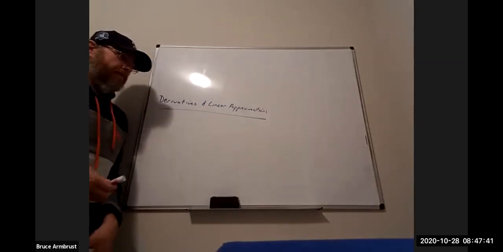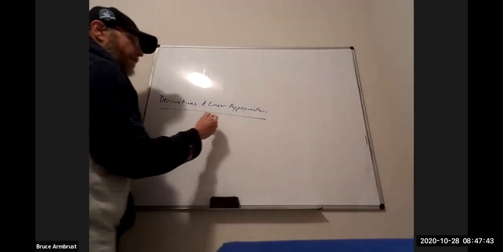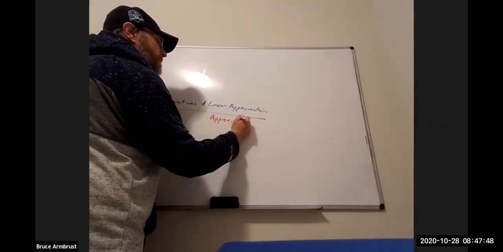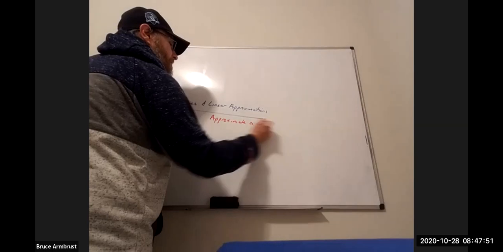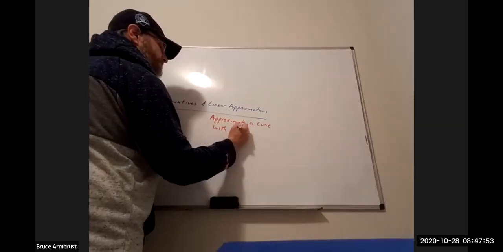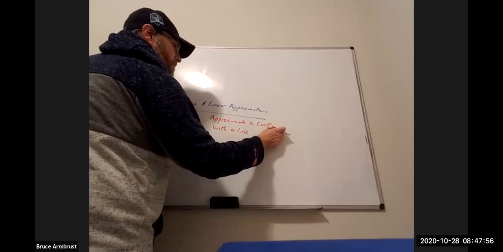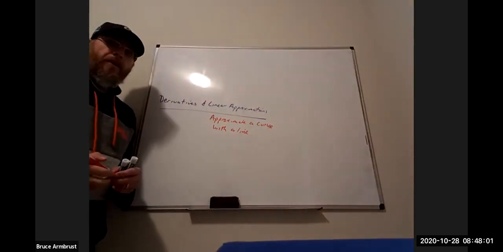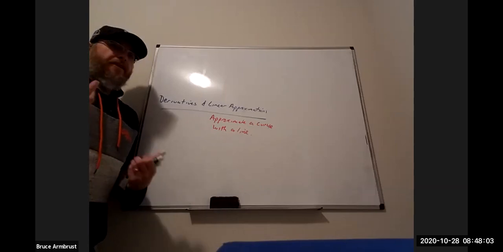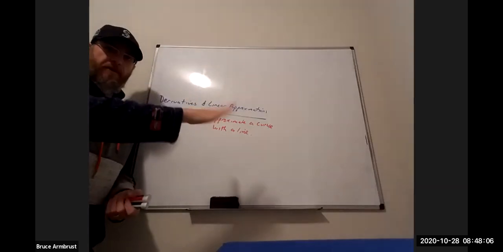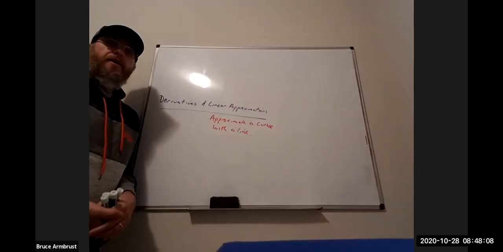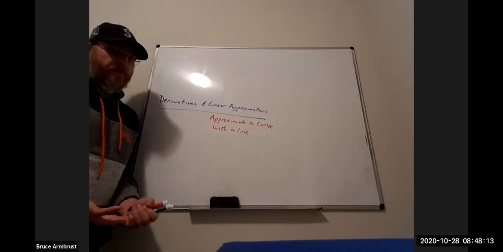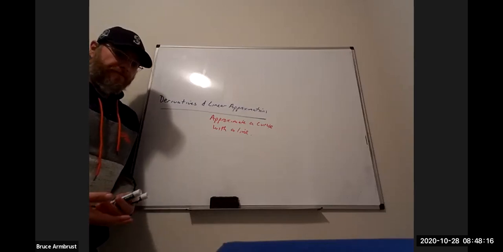Linear approximations are going to be approximating a curve with a line. So instead of having whatever random function with whatever waviness, curviness, we're going to approximate it with a line, hence linear approximation.